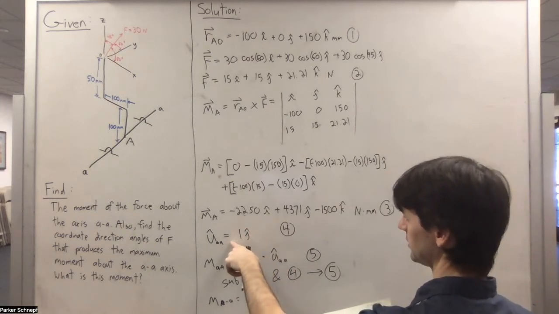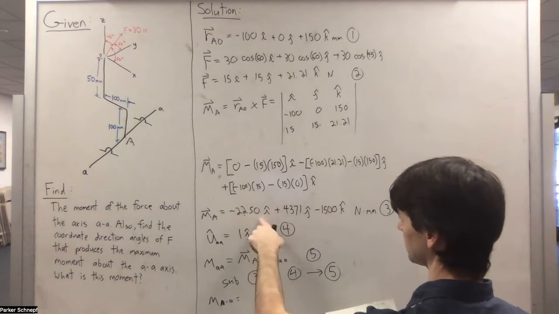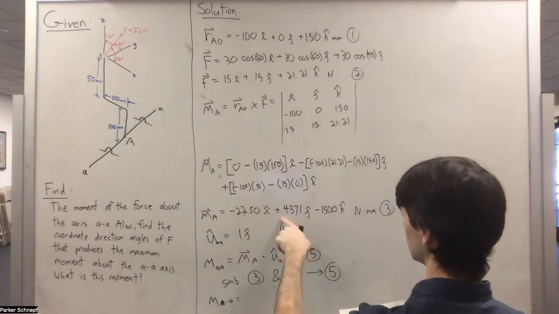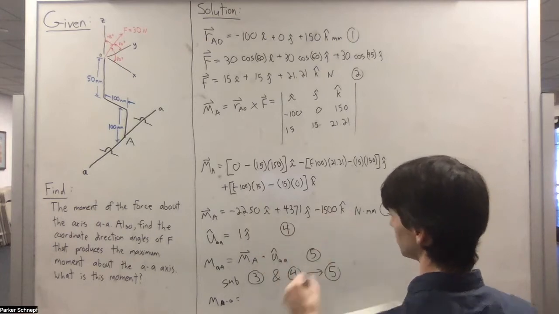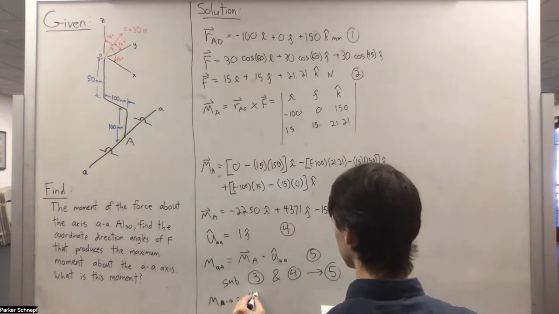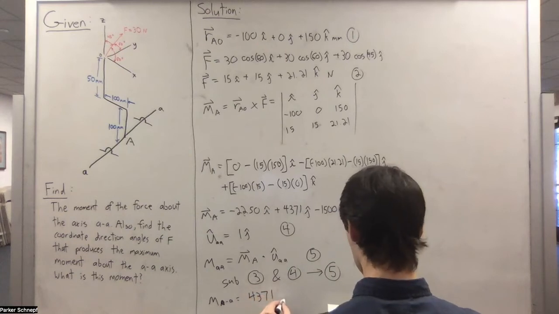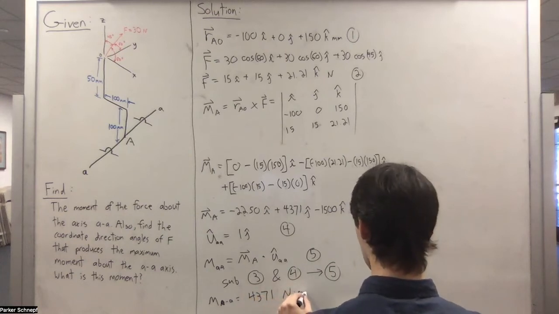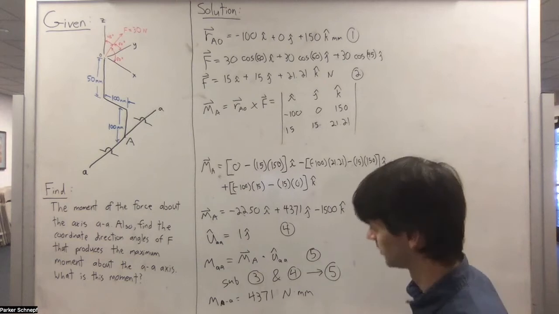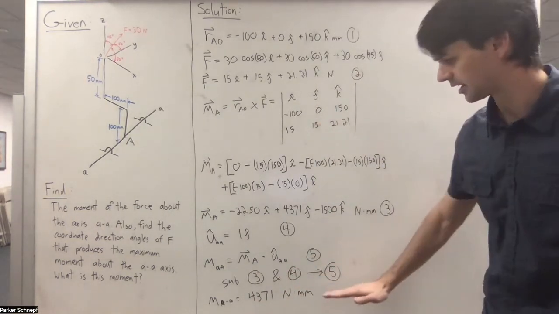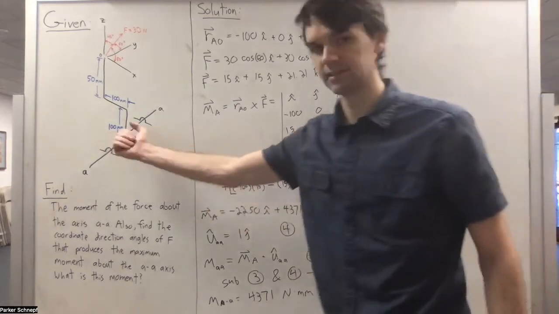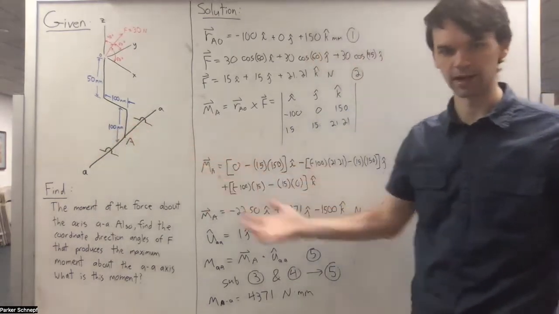So there's a 0 in the x, so that's nothing. 1 in the j, so we get the 4,371, and it's 0 in the z, so that's nothing. So we just end up with 4,371 Newton millimeters. That is how much of this moment vector causes a twist about this axis, which in this case is just the y-axis.